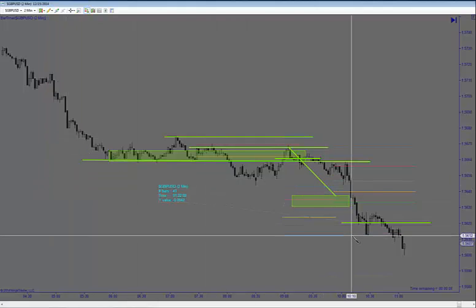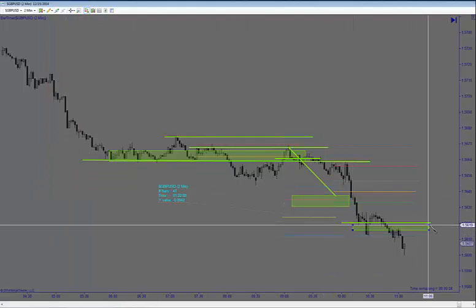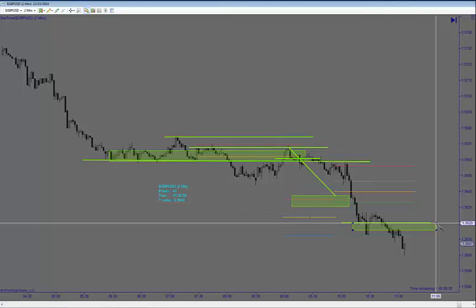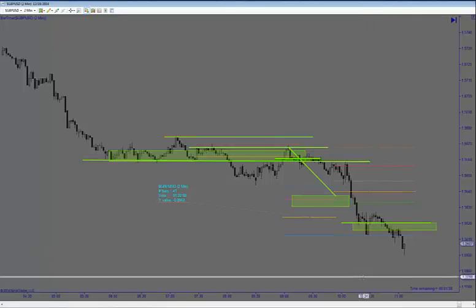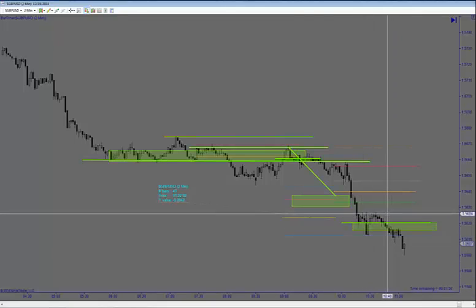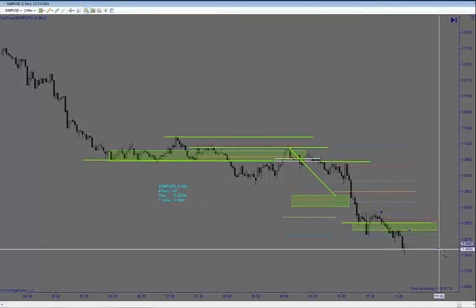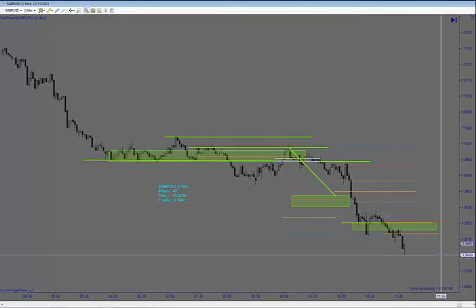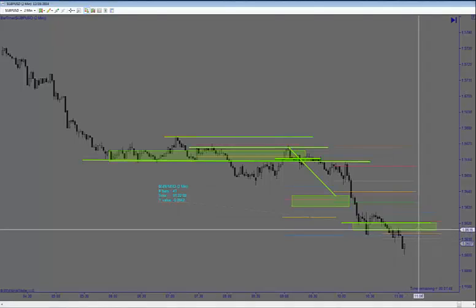So if I am looking to short this market, I will be very interested to see how price hits this area. Okay? Because that would give me a deeper correction. I see I have the golden zone here.